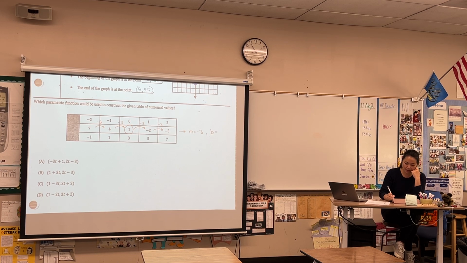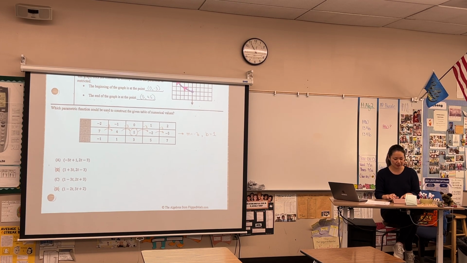That's when t is 0. Alright. So based off of that, it's either option A or option C. Okay, go ahead and do that for the y-coordinate and then decide which multiple choice answer is correct.